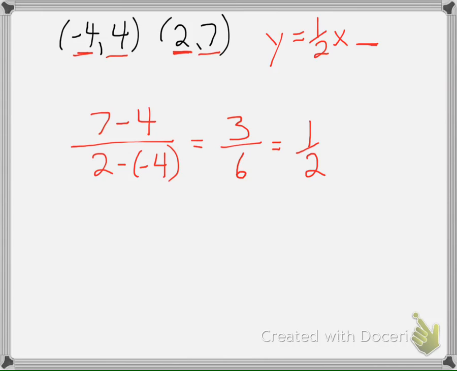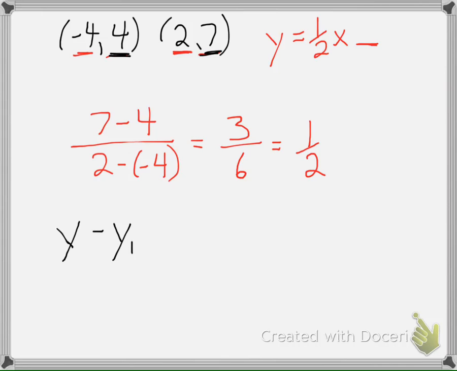All right, so if I look at this one, point-slope form looks like this. We have y minus y1. Now here, y is the variable y. It's going to stay y. y1 is actually one of your actual y values. So that could be either 4 or it could be 7.